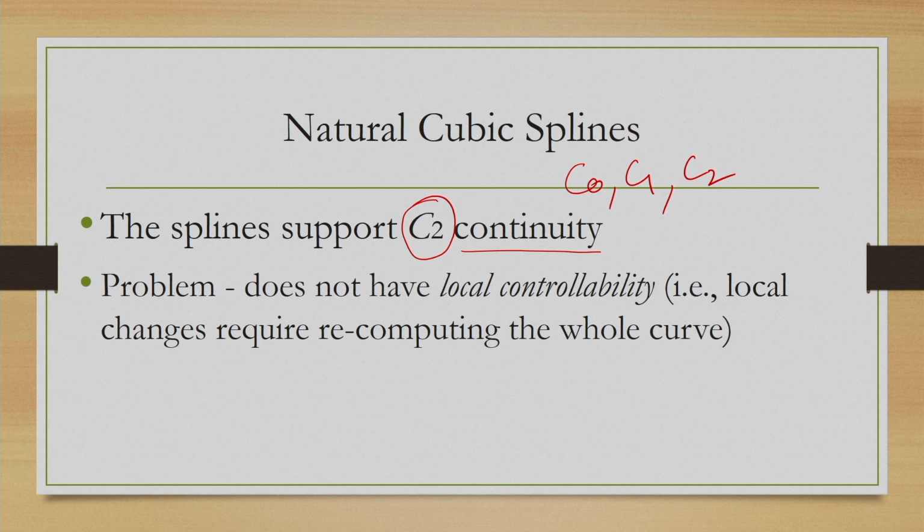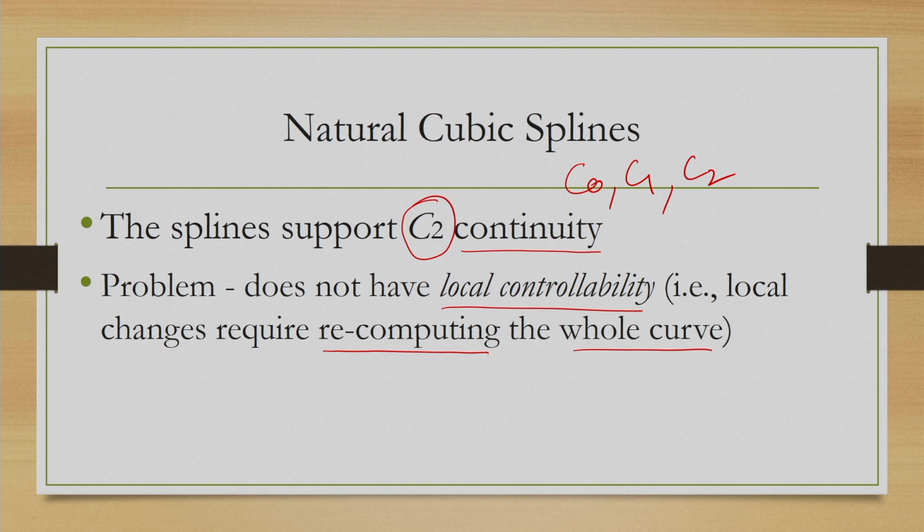But the problem is that natural cubic splines do not have local controllability. That means, if we have a spline and we want to change its shape slightly by modifying a very few points on the curve, then we have to recompute the whole curve rather than recomputing only the localized area.